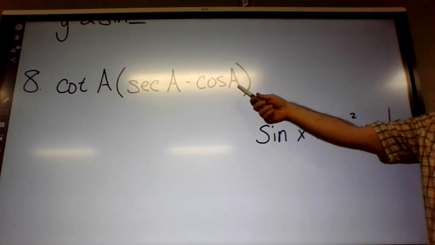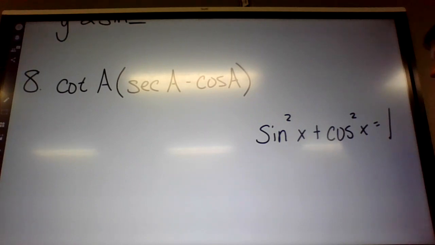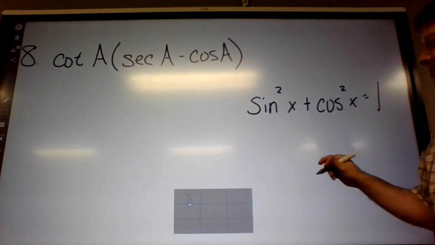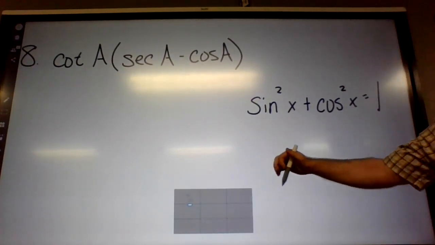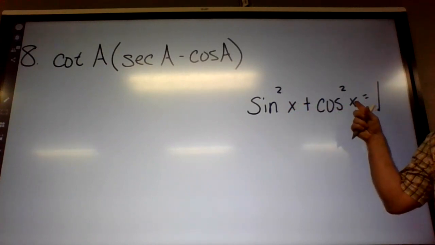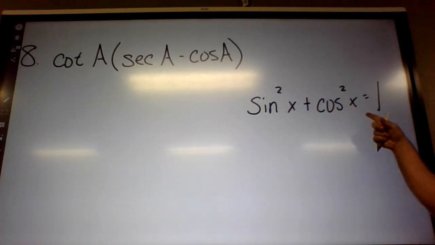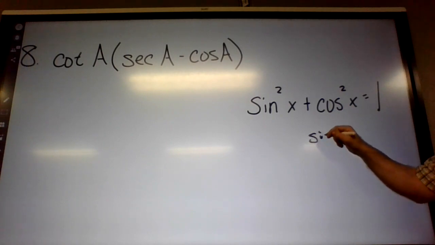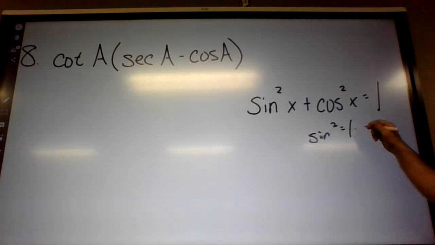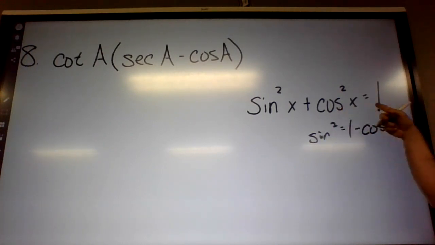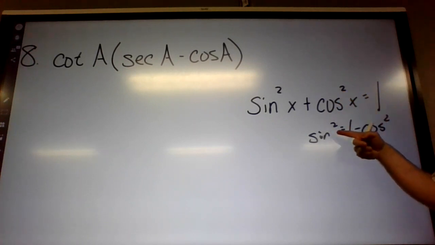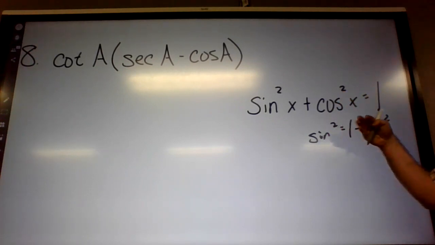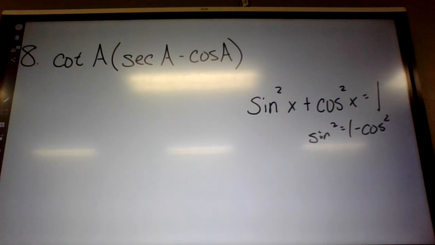And it's used on problems like this. Write that down. And by the way, you can also transform these, right? If you subtract cosine squared on both sides, for example, you get sine squared equals 1 minus cosine squared. This is the same formula. Basically, if you have a sine squared and cosine squared, it's this.